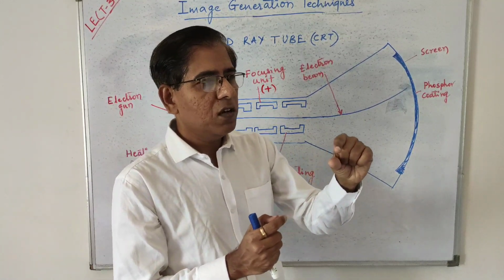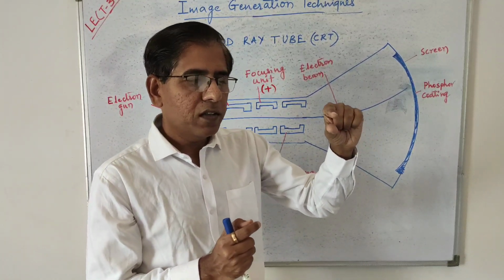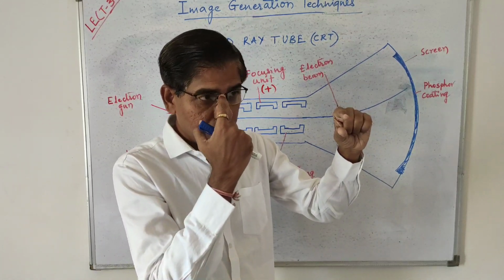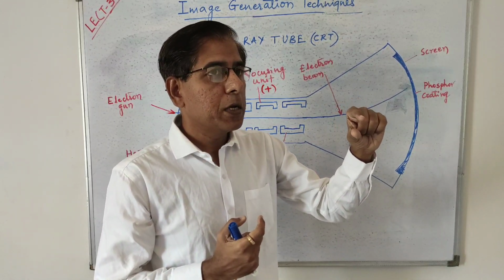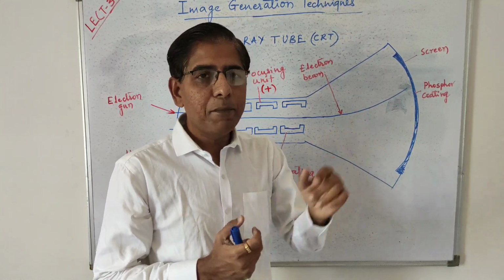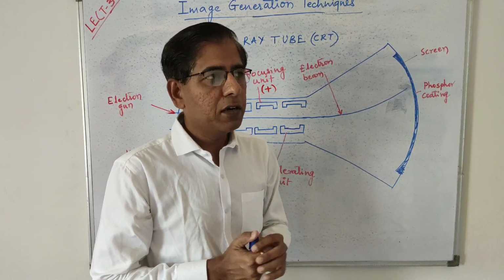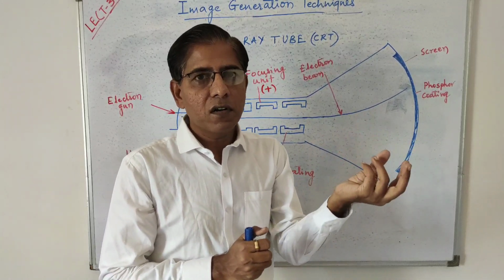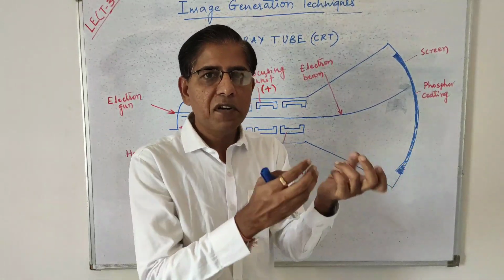If you see a jugnu, a firefly, at night, then you get the illumination, it emits light, but the jugnu doesn't emit light itself. It is the phosphor which it contains that emits the light.